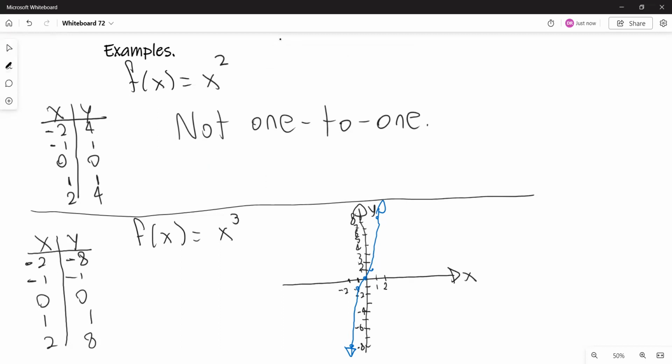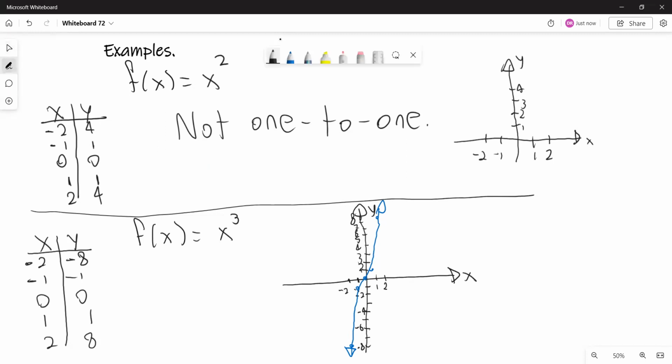Remember x squared? I didn't do the graph. So we know this graph well enough.